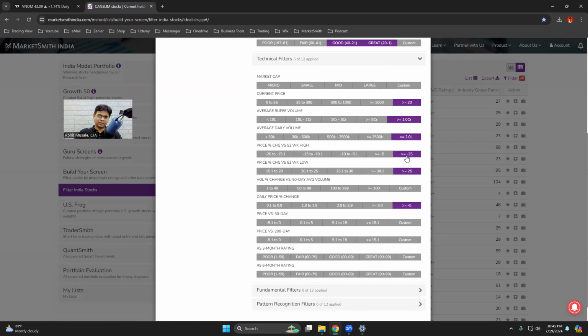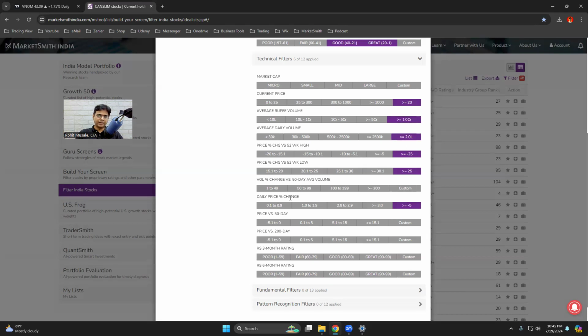That is why I have written greater than or equal to minus 25 from the 52-week high. Again, 52-week low, I want stocks which are at least 25% above their 52-week low. Again, this represents strength. These three represent liquidity filters.